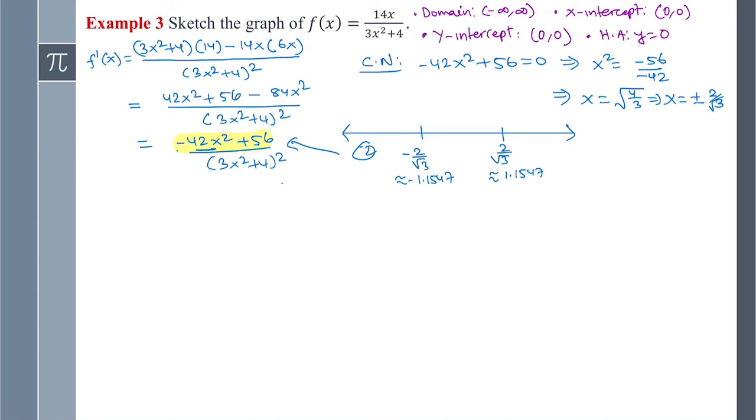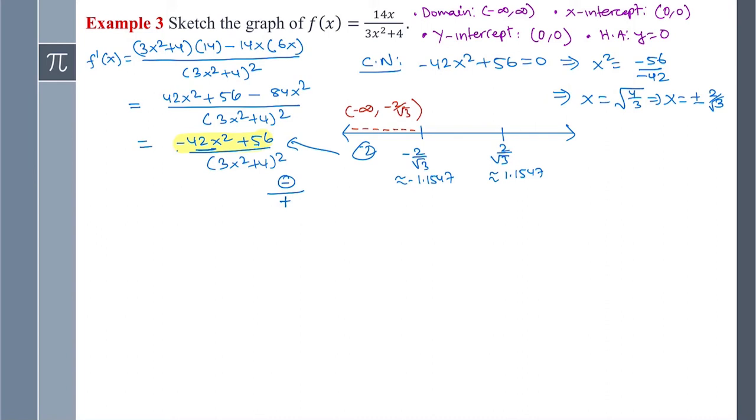So we get a negative in the numerator, divided by the denominator, which is always positive, which means this first interval is negative. In this interval, the function is decreasing.